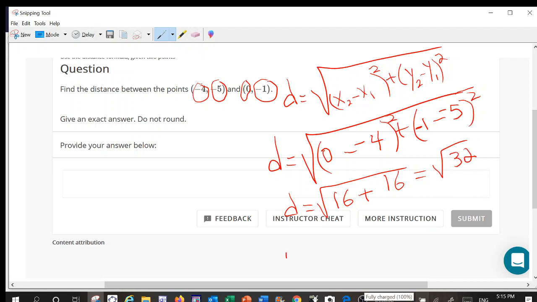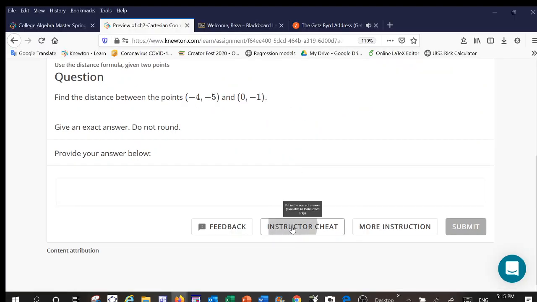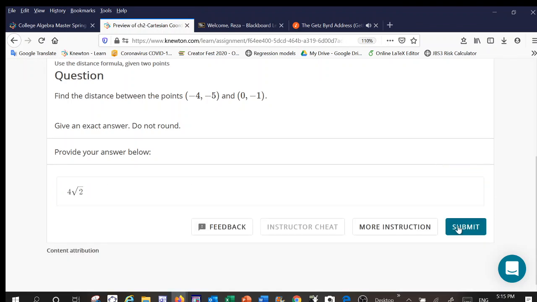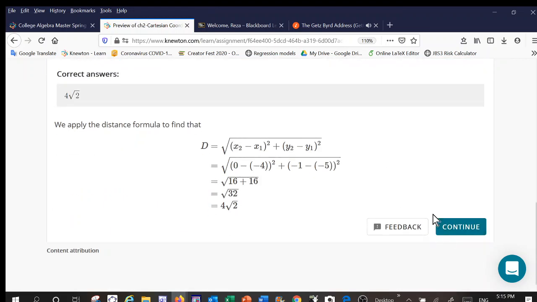Now we know 32 is actually 8 times 4, or 4 times 8, or 2 times 16 actually, right? 2 times 16, so that's 4 square root of 2. So 4 square root of 2 should be the answer. Alright? So that's the distance, and that's the distance formula.